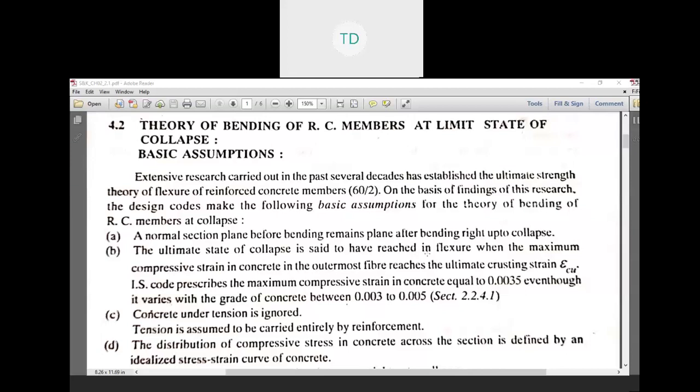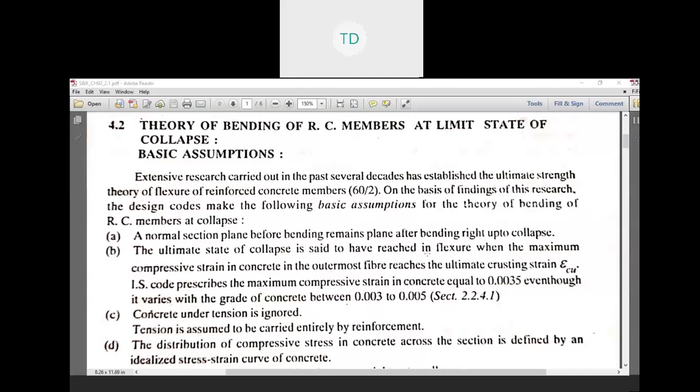On the basis of this study and findings of the research, the design code makes the following basic assumptions for the theory of bending of reinforced concrete member at collapse. Some basic assumptions are made from the study and mentioned in IS 456 and respective Indian Standard Codes. Let us start now the assumptions.